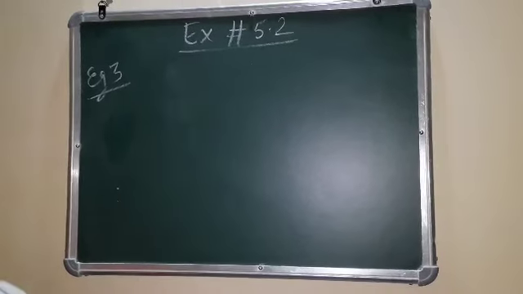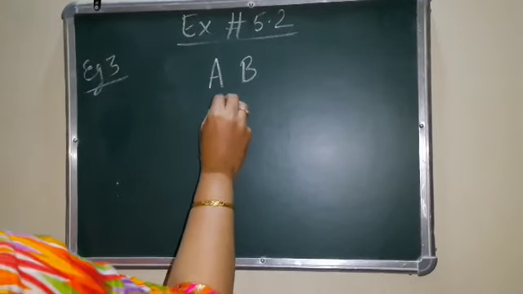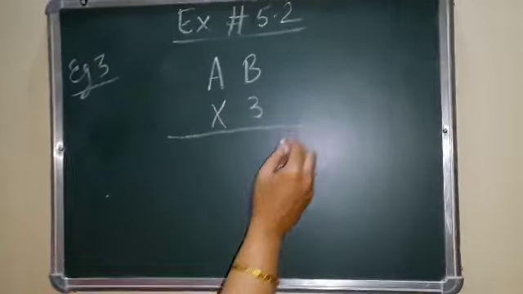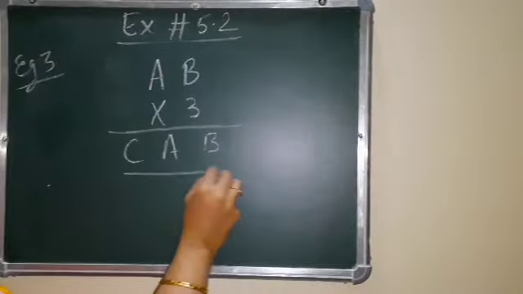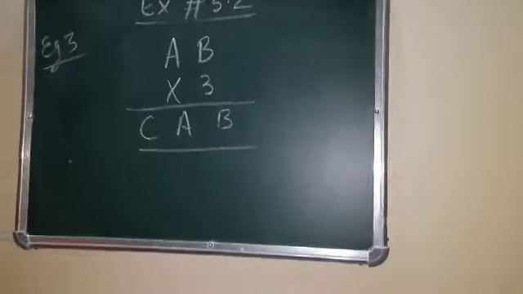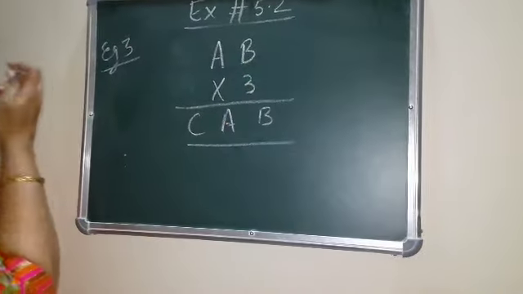Next is about multiplication. It is AB multiplied by 3 and your answer is CAB. Now see, when you put something here, here also it should get the same.